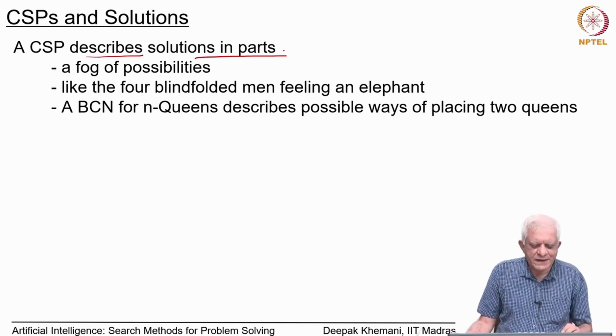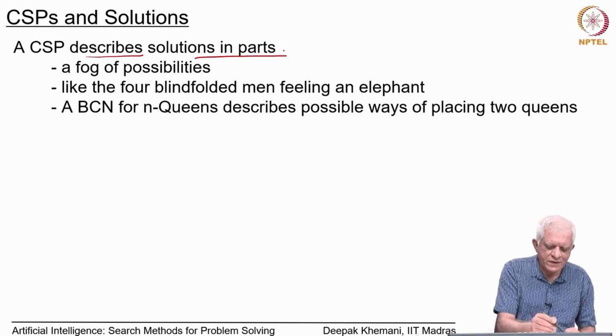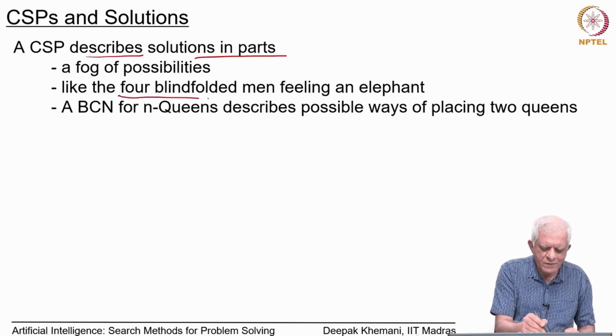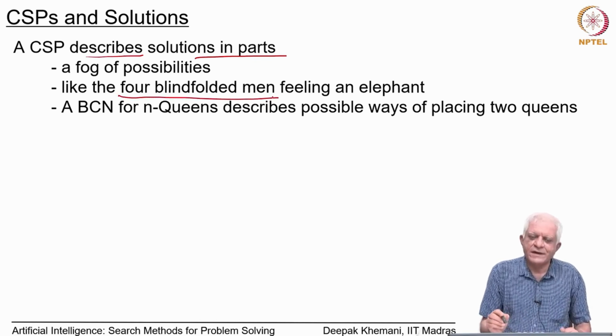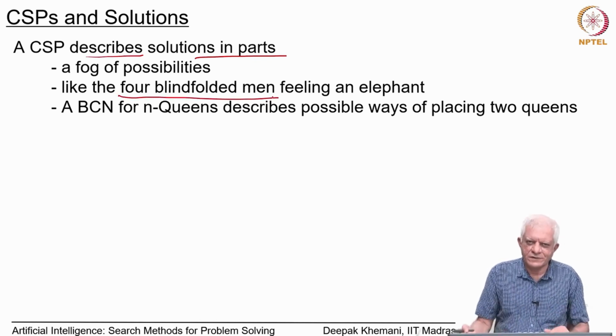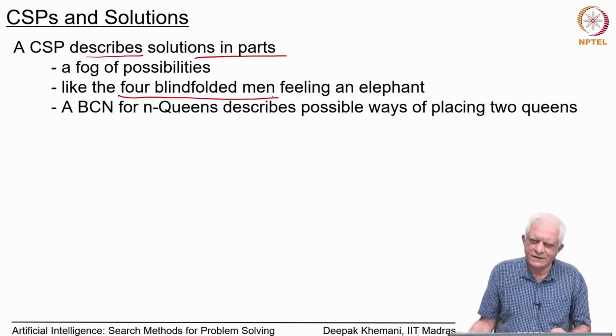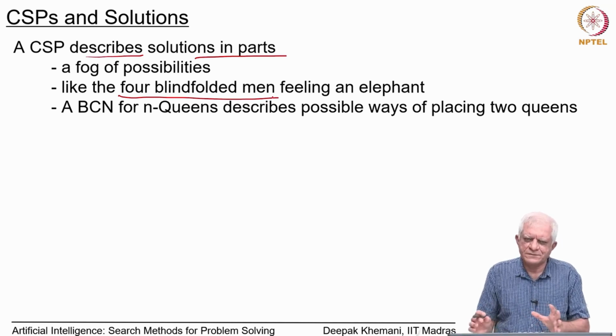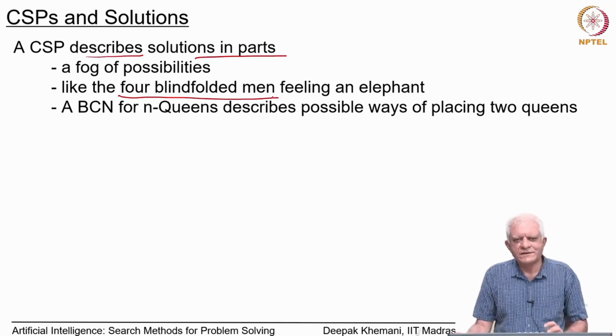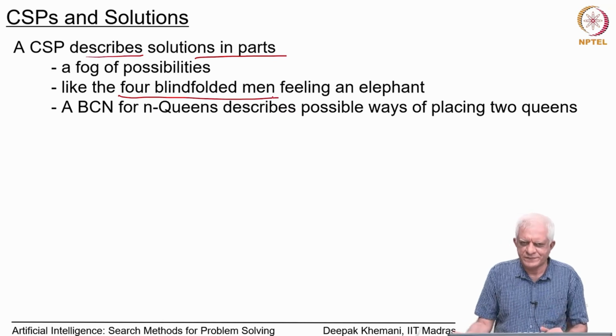So, a CSP describes only a part of a problem, and I am sure you must be familiar with the story of the 4 blindfolded men who are put in front of an elephant, and each of them touches the elephant, and they get different responses to their sensing.